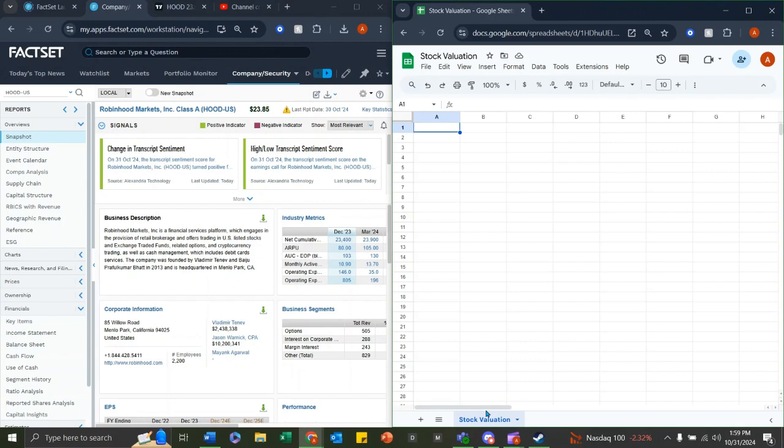I'm not going to do a webcam here just because I need screen flexibility. I'm just going to start very basic from the beginning. I'm using Robinhood here as my example company.